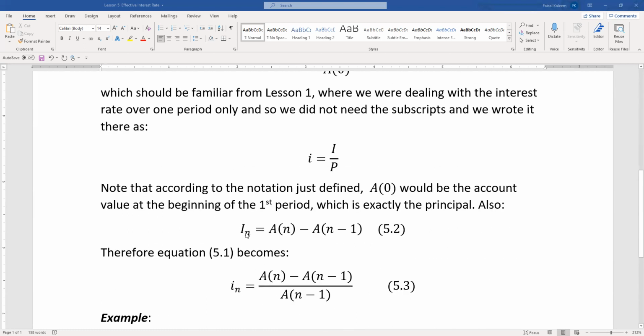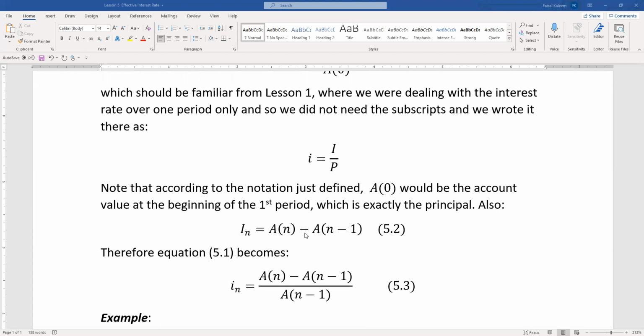So this can be read as: the interest amount in the nth period equals the accumulated value at the end of the nth period minus the accumulated value at the end of the (n-1)th period. So for example, the interest amount earned during the fourth period will be the accumulated value at the end of the fourth period minus the accumulated value at the end of the third period.